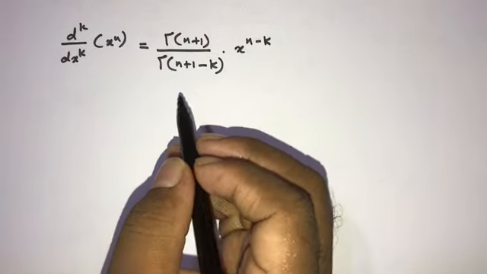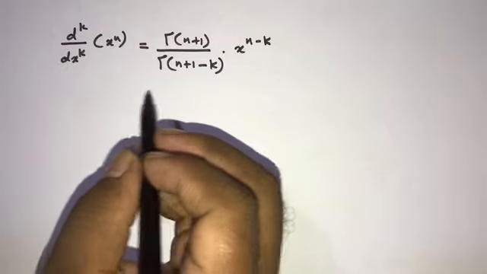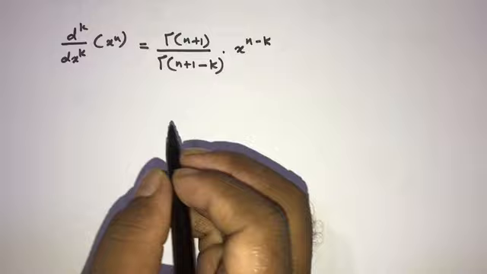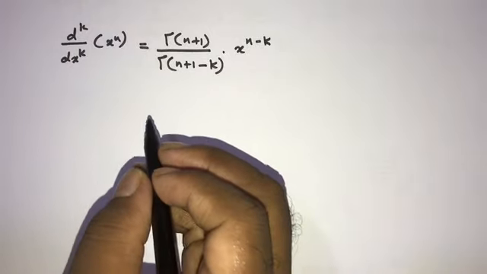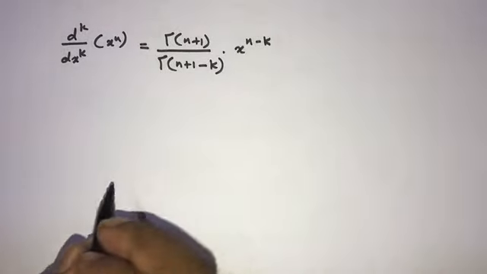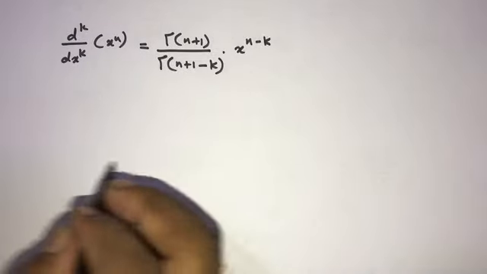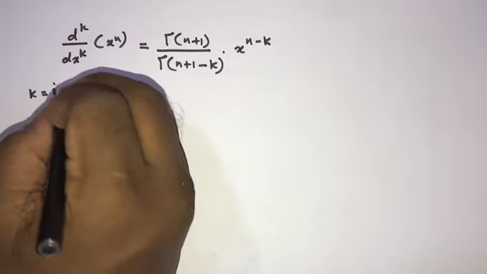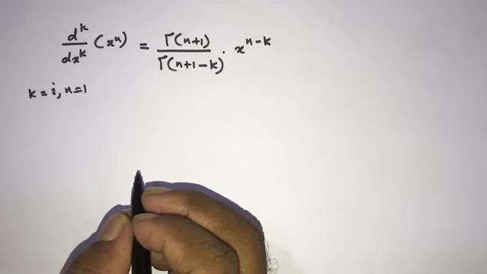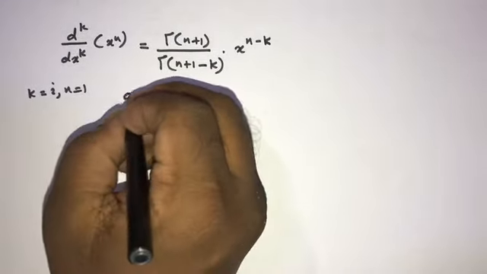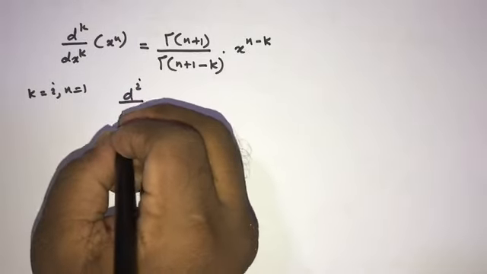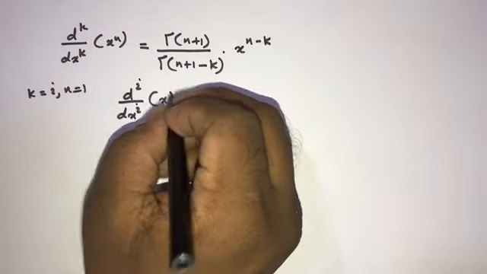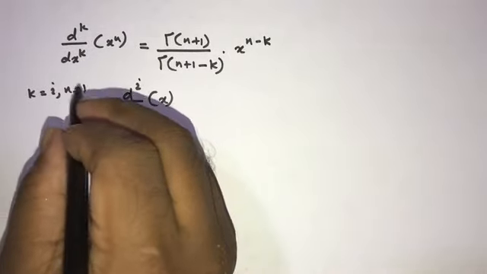So we found the half derivative of x, where 1/2 is a real number, and then we can try with a complex number. Okay, now we are going to find the ith derivative of x. So here k is equal to i and n is equal to 1. We can write d^i over dx^i of x, because n is equal to 1.